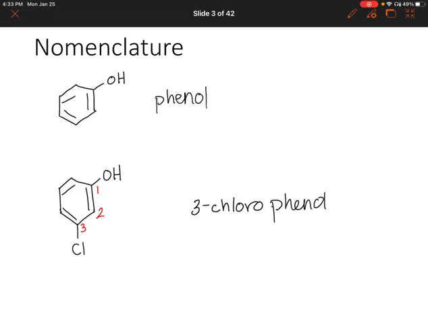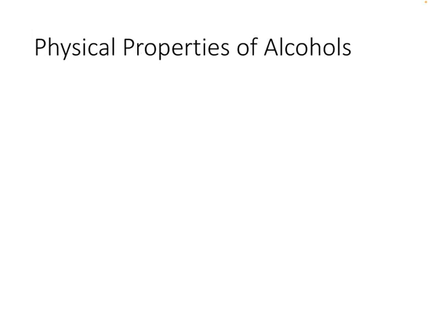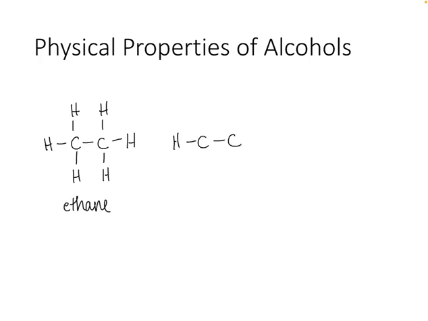All right. So now let's review a little bit of physical properties of alcohols. So let's say that you have the following 3 molecules. So this is ethane. And then we have, let's say, a similar molecule, but one of the hydrogens has been replaced with a chlorine.